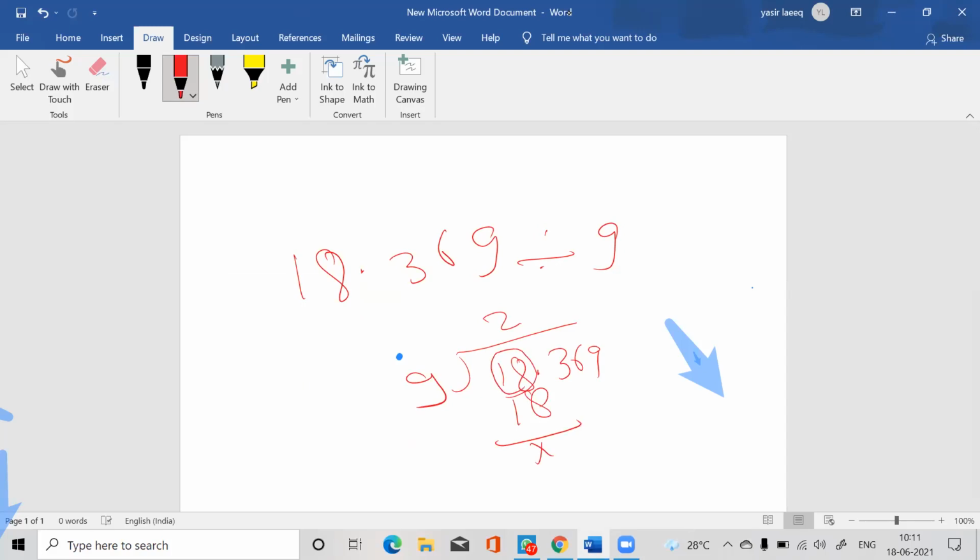These two digits are completed. As we are putting the decimal here, we have to put the decimal here, because these two digits are consumed by 2 times 9. Then we write 3 as we do in normal division.